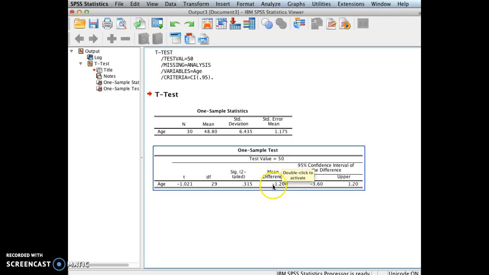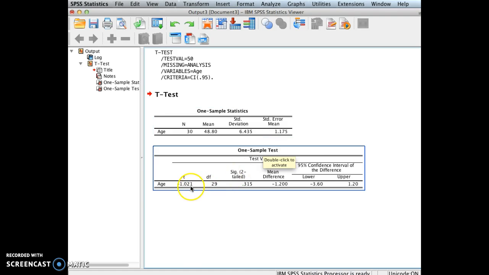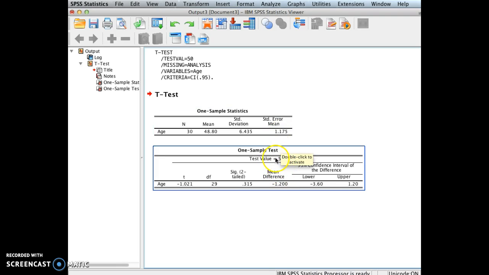So we compare the mean difference in light of the standard error, the average sampling error, and so we get a t ratio. That tells us how many standard errors the mean difference is away from the expected value, which is 0.